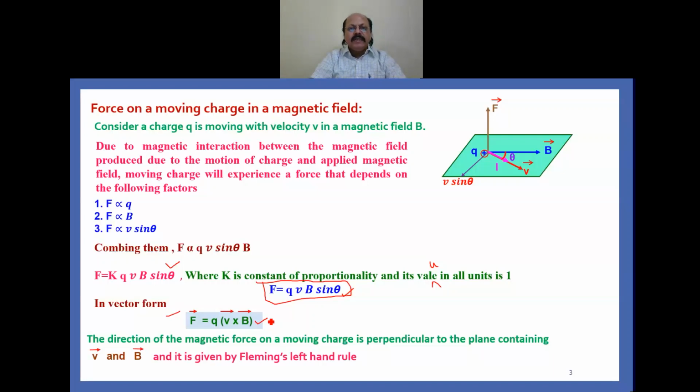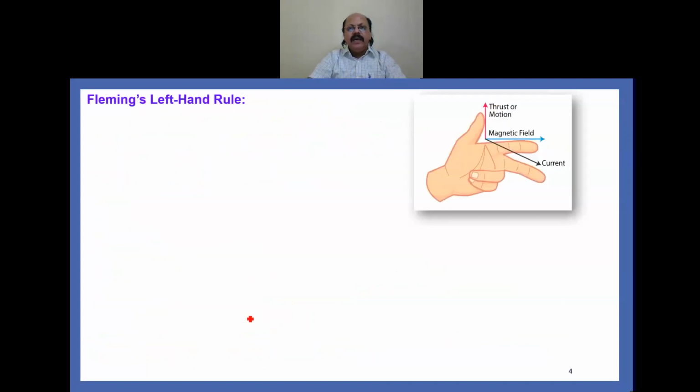So you understand what is the Fleming's left hand rule. If we stretch the first finger, central finger and thumb of the left hand, all these three are mutually perpendicular.